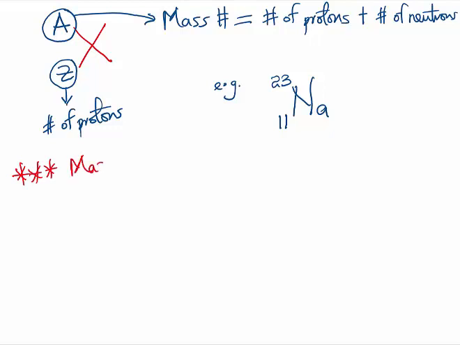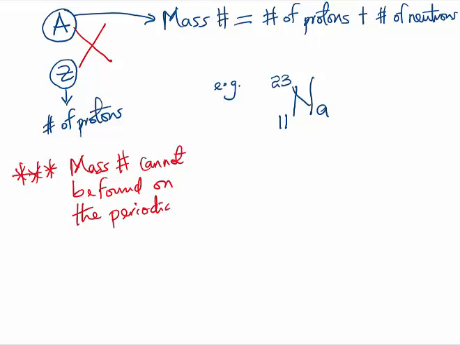Mass number cannot be found on the periodic table. So this 23 that I'm giving you here is based on how sodium is found in nature.